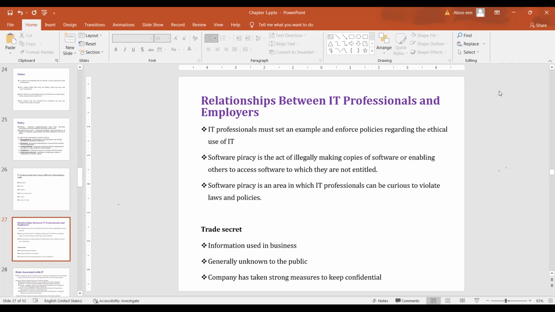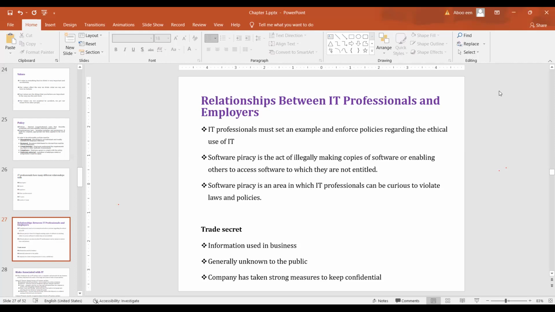Basically, you might have heard about software piracy. It means the illegal act of making a number of copies of a commercial version of software, or enabling others to access software to which they are not entitled.